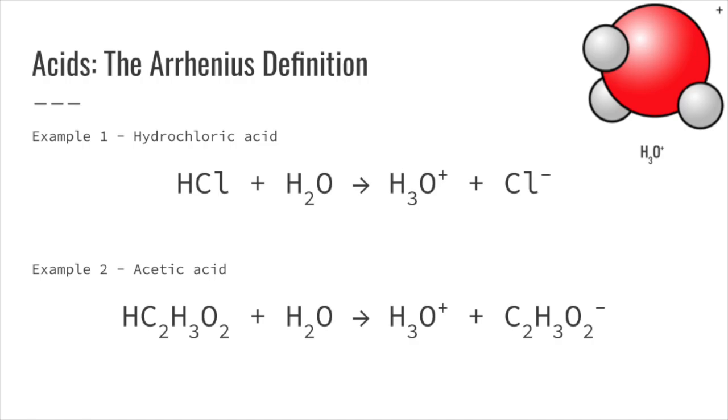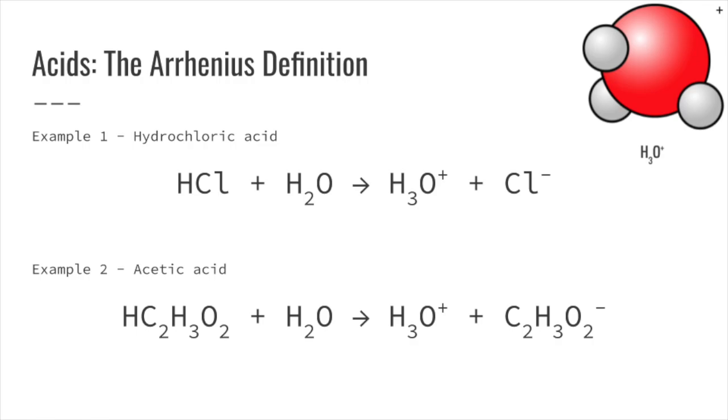The second example is the acid found in vinegar, acetic acid. Acetic acid's formula, HC2H3O2, is a bit more complex than the previous example, but we'll apply the generic equation from earlier in the same way. The A is C2H3O2, so A- is C2H3O2-, which is also known as the acetate ion.